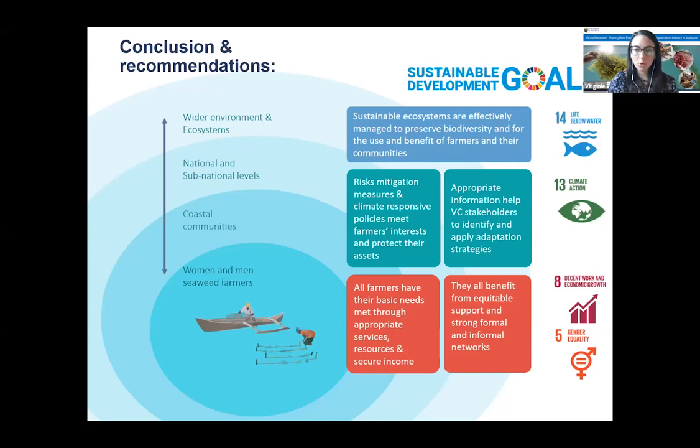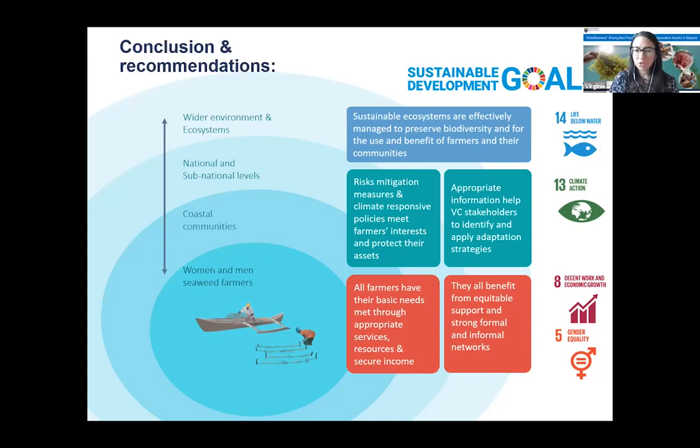Second of all, to address SDG number 13 on climate action, biosecurity policies and policies around seaweed farming have a potential to contribute to risk mitigation measures to help the sector adapt to the increasing environmental shifts that they're facing in order to protect the assets of the farmers.